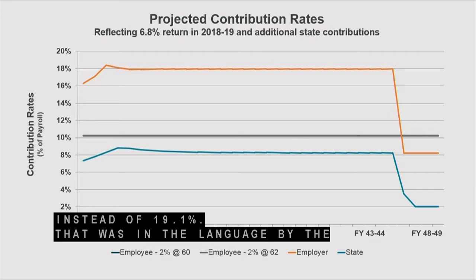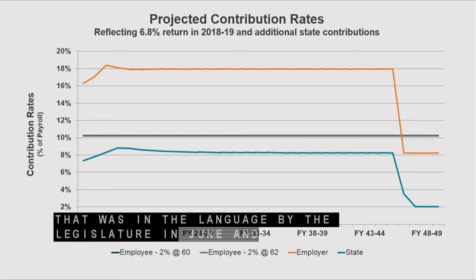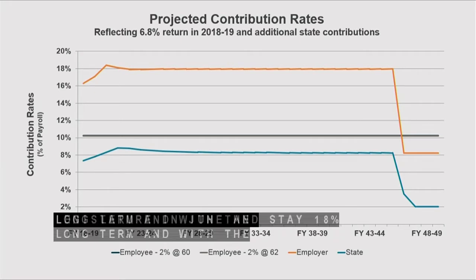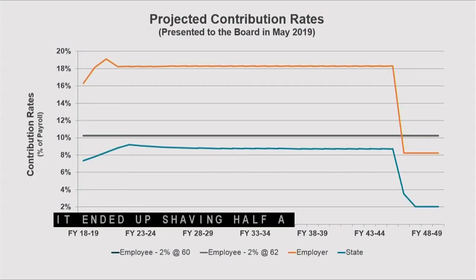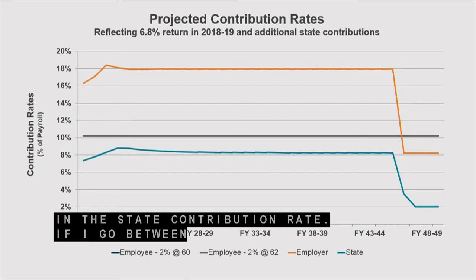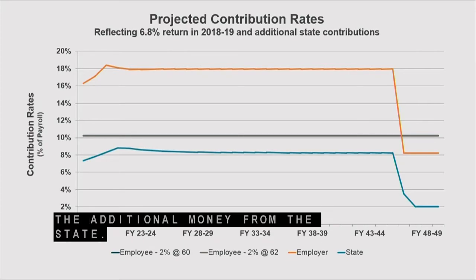On the state side, what the additional money from the state did is it ended up shaving about 0.5% of payroll long term on the state contribution rate. If I go between both, you can see this is mostly a result of the additional money we got from the state. Which is very good. Okay?